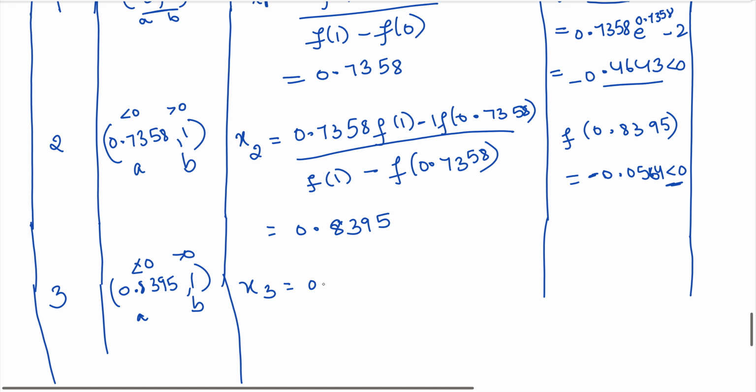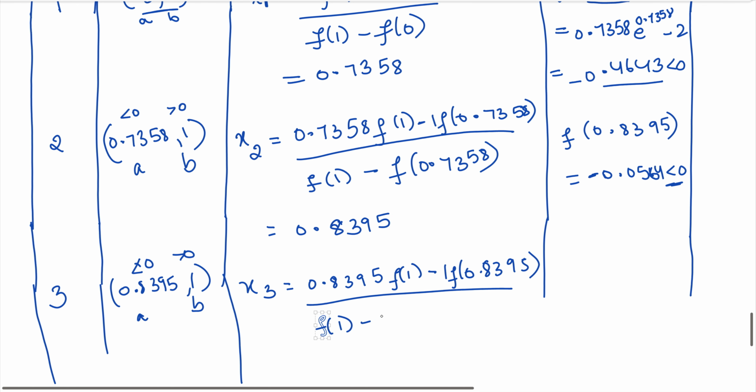So x3 is 0.8395 into f of 1 minus 1 into f of 0.8395 divided by f of 1 minus f of 0.8395, and the value is 0.8512.